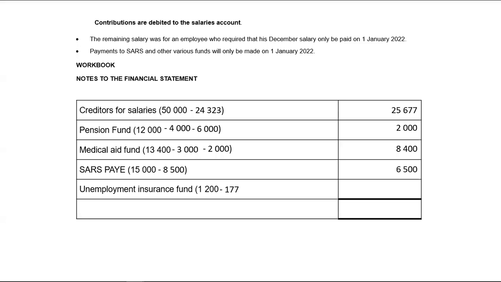And when it comes to UIF, we will be left with 846. When you add all of that, it will give you 43,423. All right, that's it when it comes to salaries and wages.